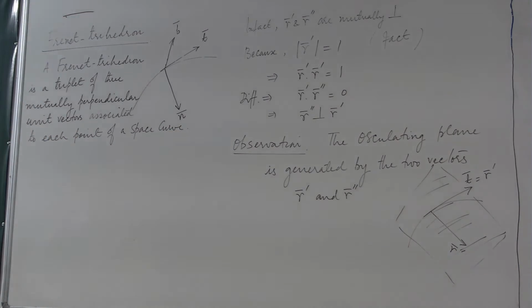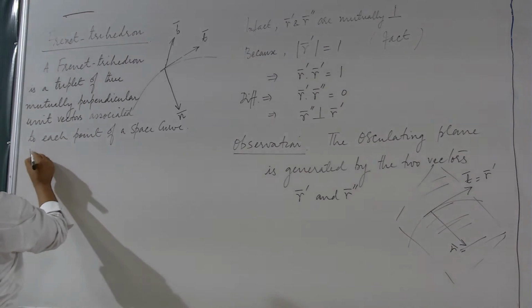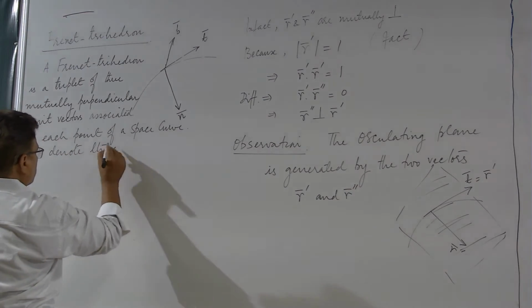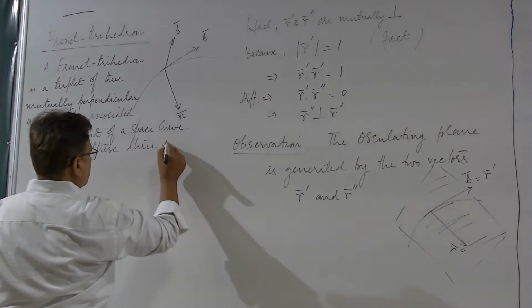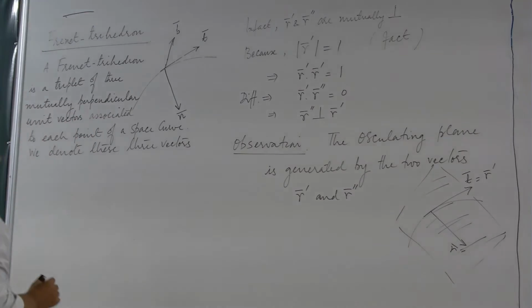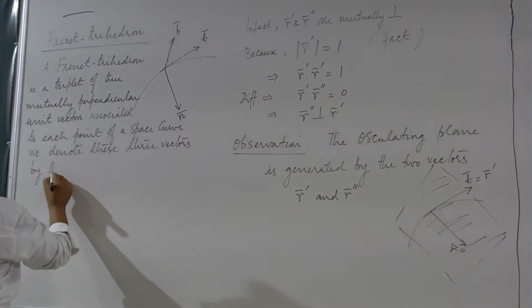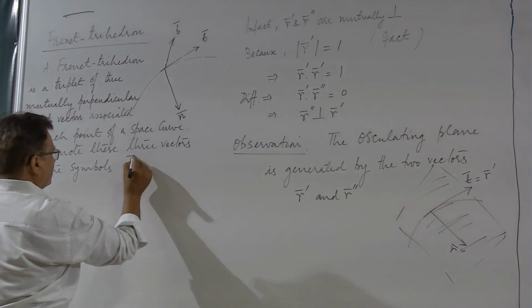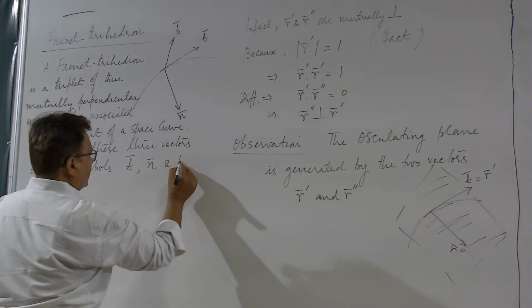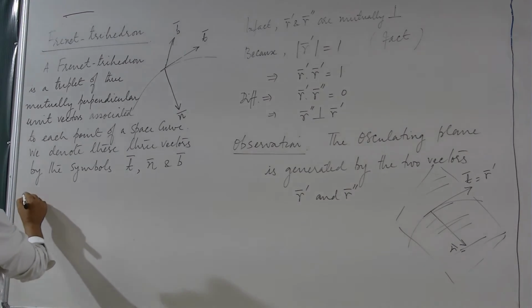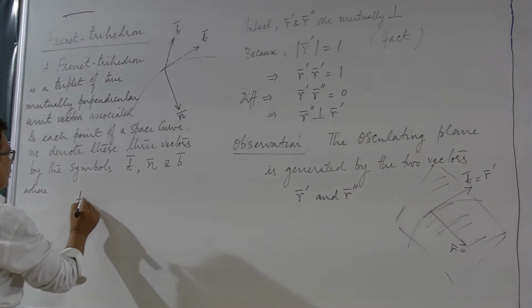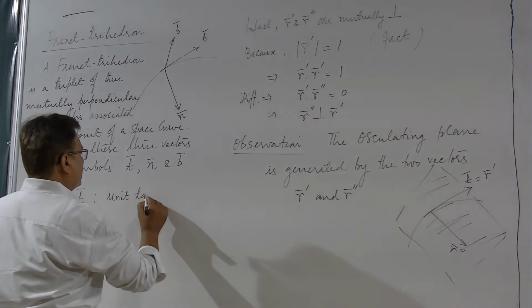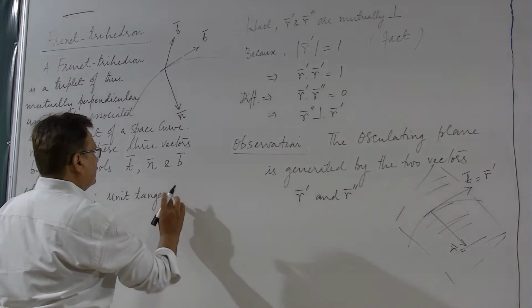We denote these three vectors by the symbols T, N and B, where T is called the unit tangent, it remains tangential to the curve, we already know about it, unit tangent.